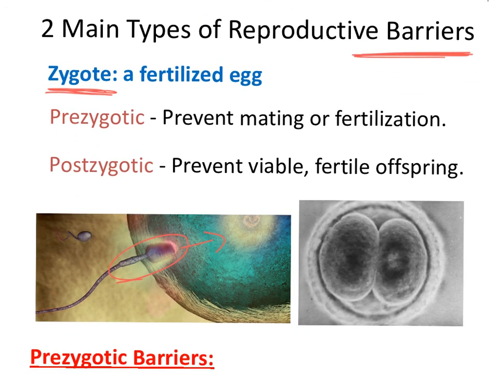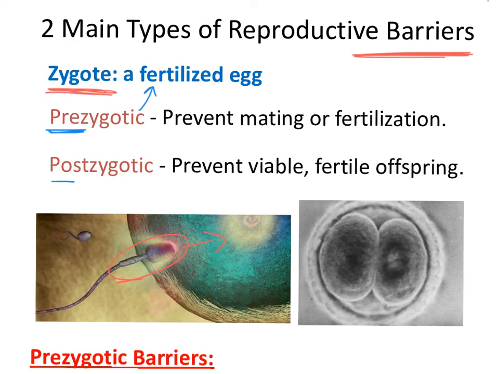I would call that a pre-zygotic barrier, meaning it occurs before the zygote, before the fertilized egg. A pre-zygotic barrier prevents organisms from mating or prevents fertilization from happening.